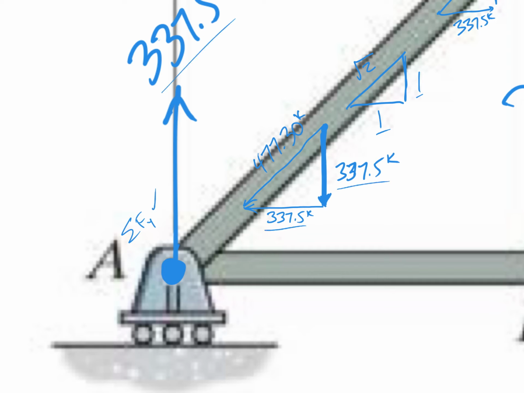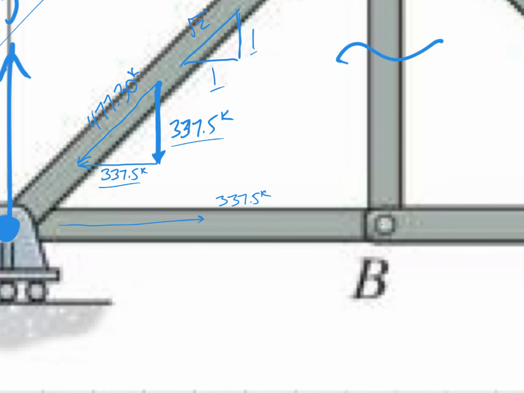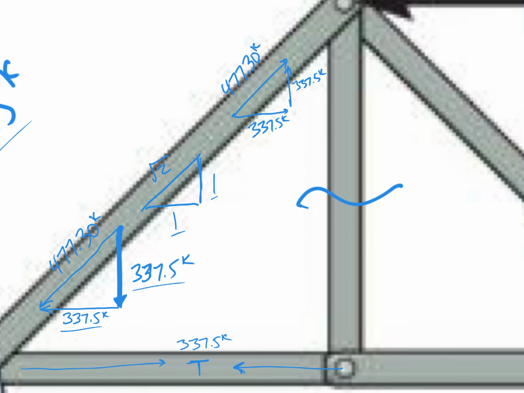I've got 337.5 going to the left, so to balance the x, I need 337.5 kips going that way. Now the x direction is balanced. This member is pulling, so this is tension. This one's compression.